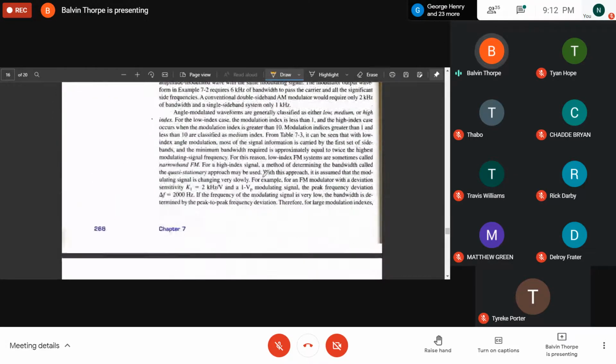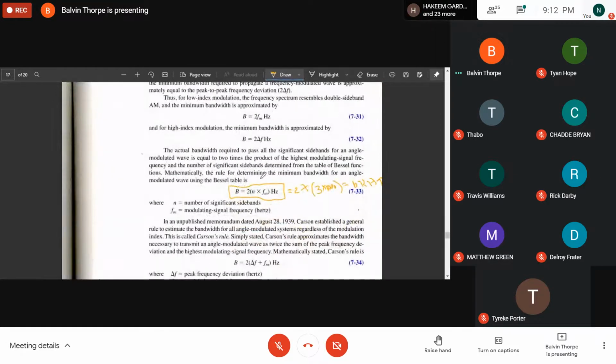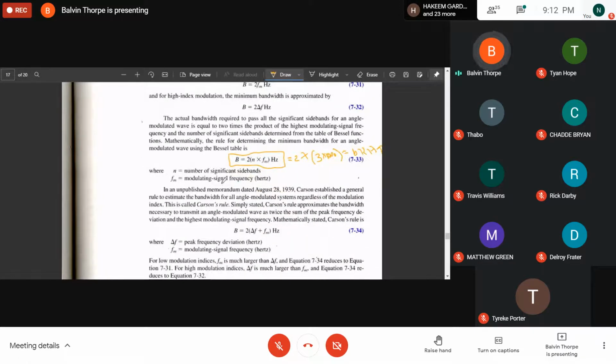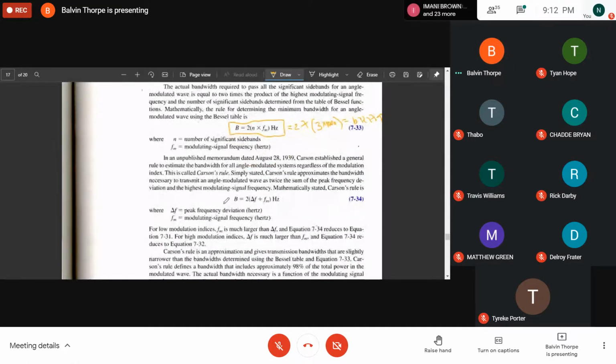Plus we can use the Bessel function table. No, Mr. Carson used a different expression. He said that the bandwidth is the peak frequency deviation plus the modulating signal frequency, and then multiply that by 2.